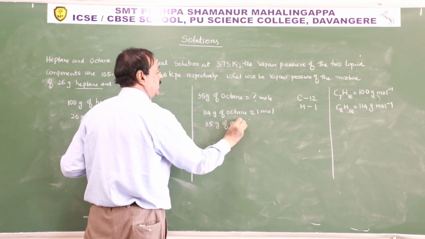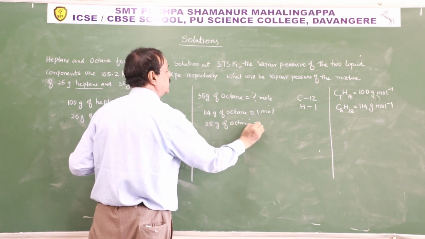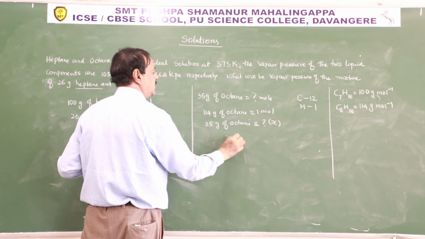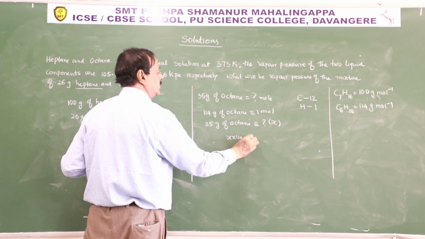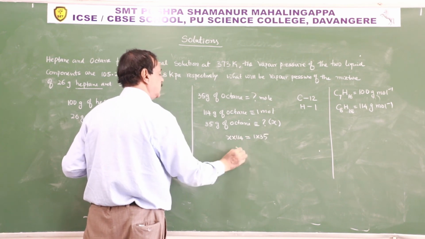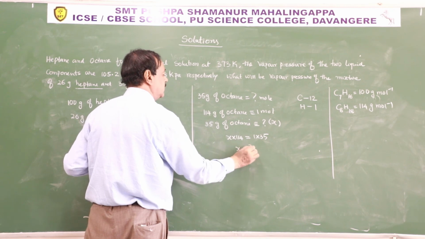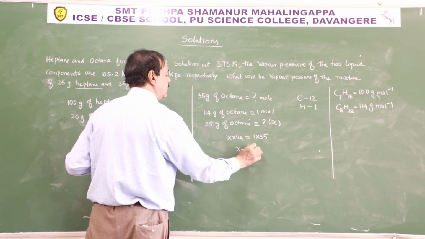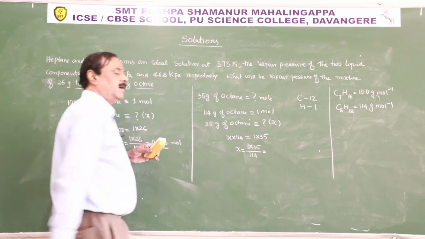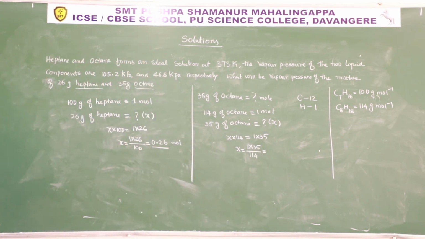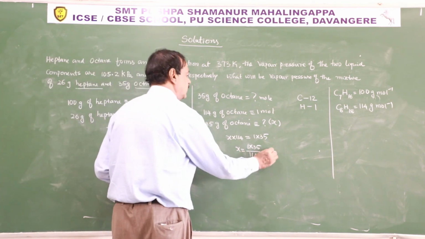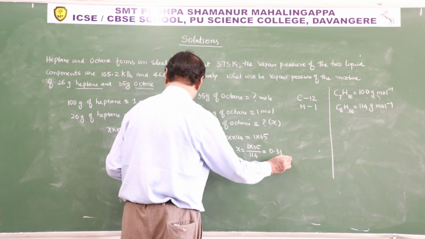Assume it is x. Therefore x into 114 is equal to 1 into 35. The value of x is 1 into 35 divided by 114. After simplification, it seems to be 0.31 mole.